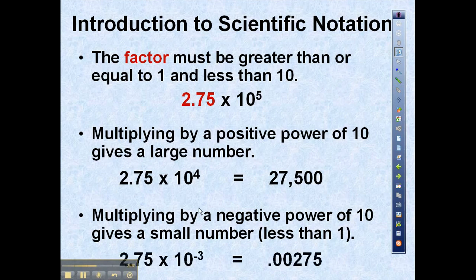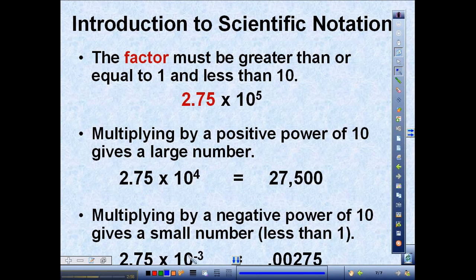Multiplying by a negative power of 10 gives you a small number, or a number less than 1. It actually gives you a number between 0 and 1. 10 to the negative 3 power, if you guys remember, is 1 over 10 to the positive 3 power, which is 1 over 1,000.